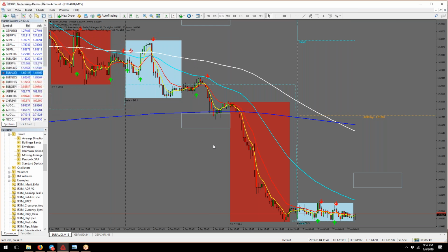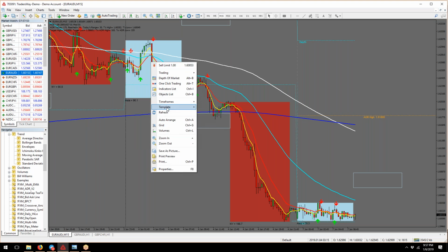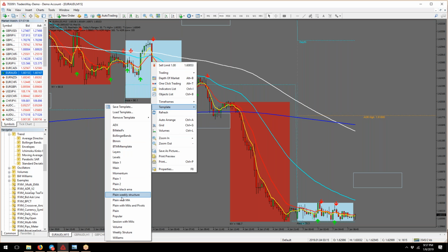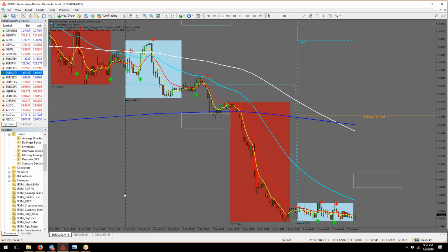Boom. You should have those indicators already, but I'll send you that. So that's how you'll install it. Once I send it to you, download the templates like a file. You can't open it because you only have the program here. You can only install them on here, and that's it. But for the ones that were asking me what these lines mean: weekly structure, plain weekly structure, boom.